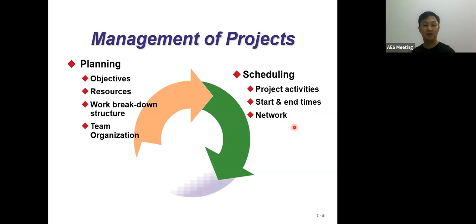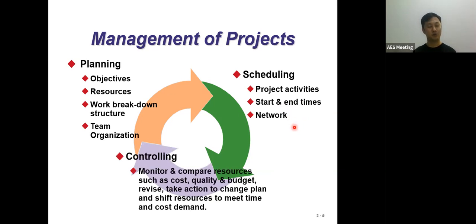Beyond that, we have another part called controlling. In any project management, importantly, we need to manage our resources, including the fees for the projects. We try to keep the fees not above our budget. Based on the constraint of the resources, there is a need for us to set the resources.